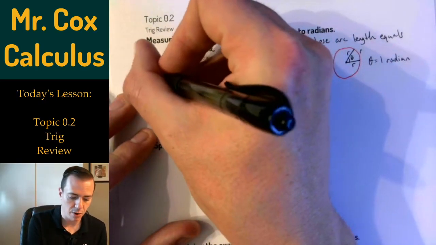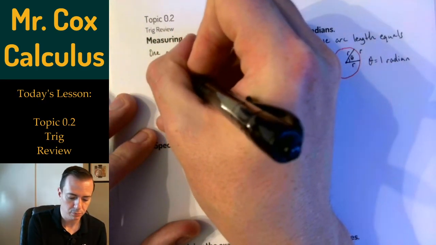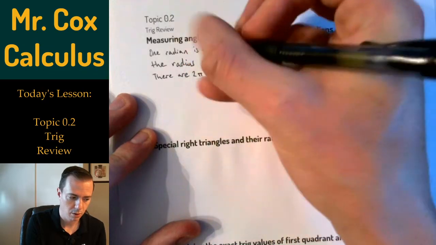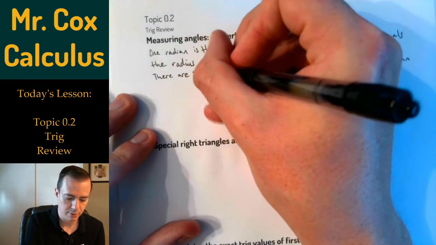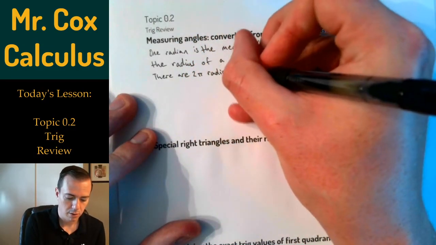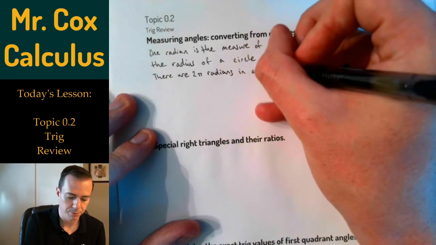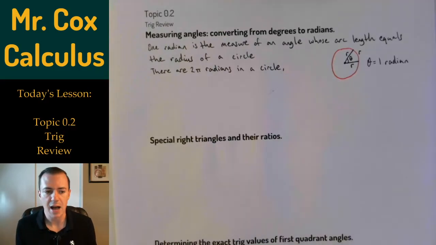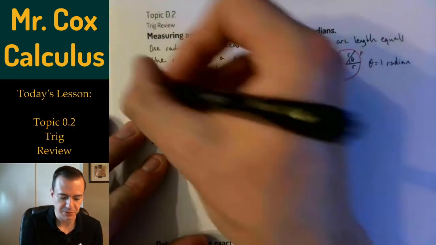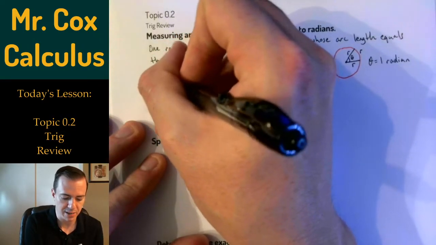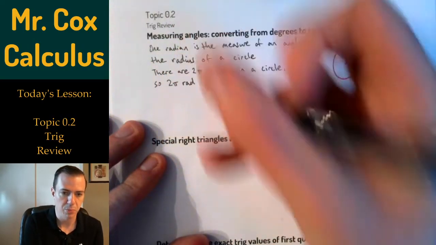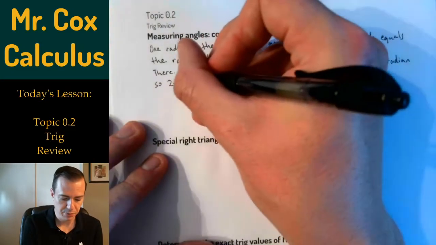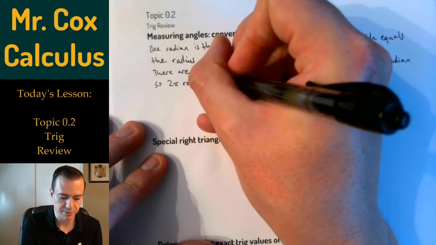So I can say there are 2 pi radians in a circle. And I make that claim very similarly to how you would make the claim that there's 360 degrees in a circle. So I can say 2 pi radians, which I'll abbreviate RAD, is equal to 360 degrees.